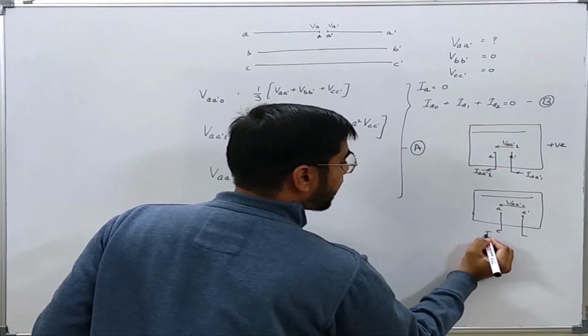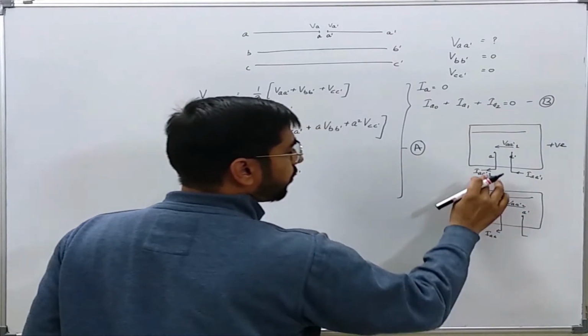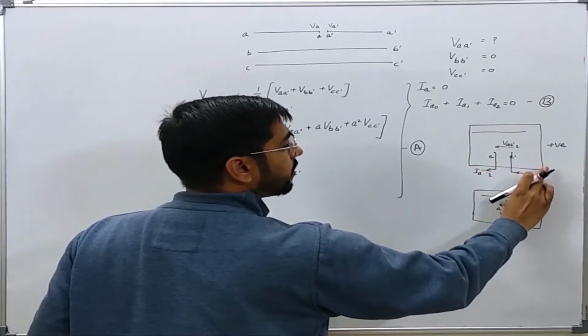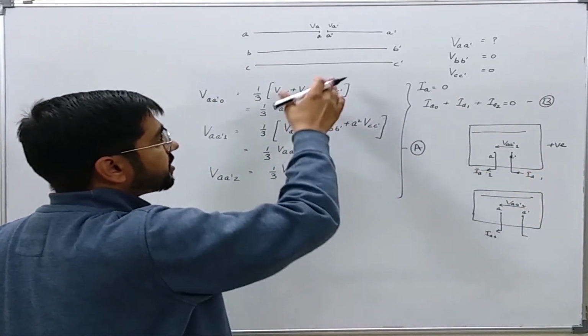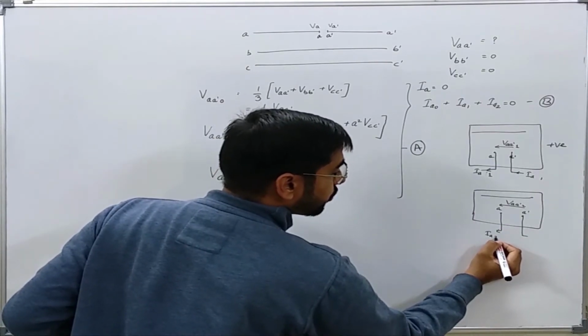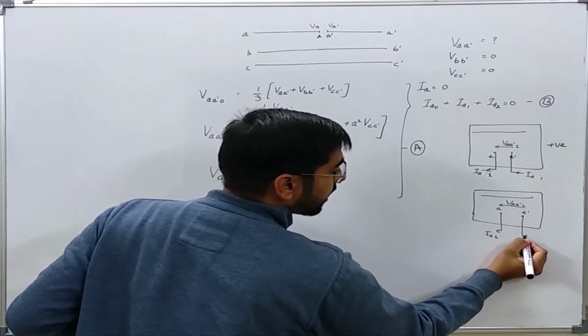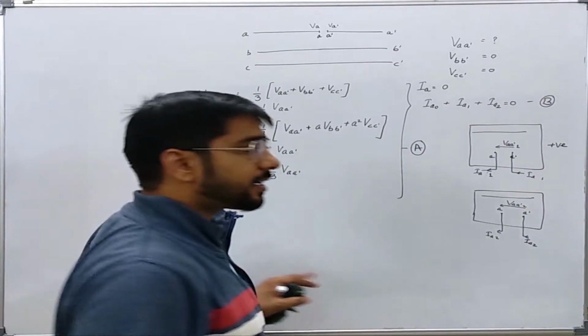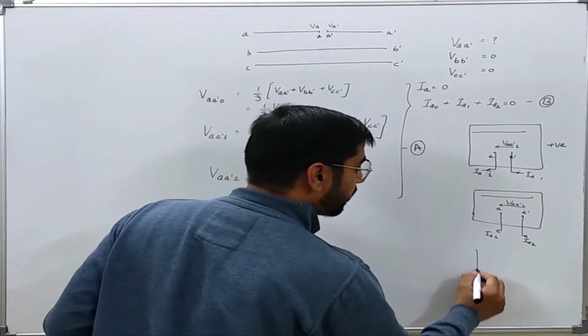This is current IA dash, or instead of writing IA dash, I will just write IA, since it is just clearly showing the direction of current. IA2 is leaving and IA2 is entering. Similarly, let us draw the zero sequence component or network.